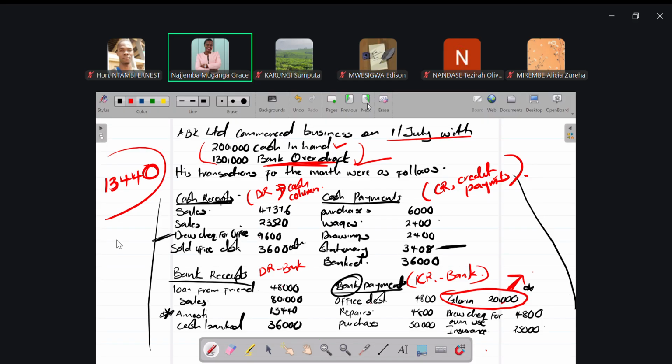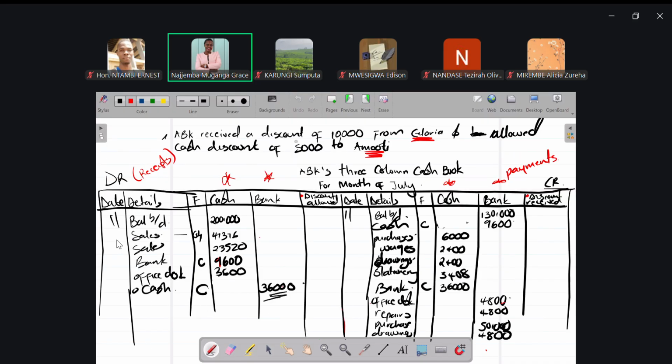And then we have another piece of information that relates to Amoti, where we are told that we allowed, please take note of the English, received a discount and allowed a discount. So this takes on what we call the discount allowed, and this becomes the discount received. So they had also computed 5,000 for Amoti.